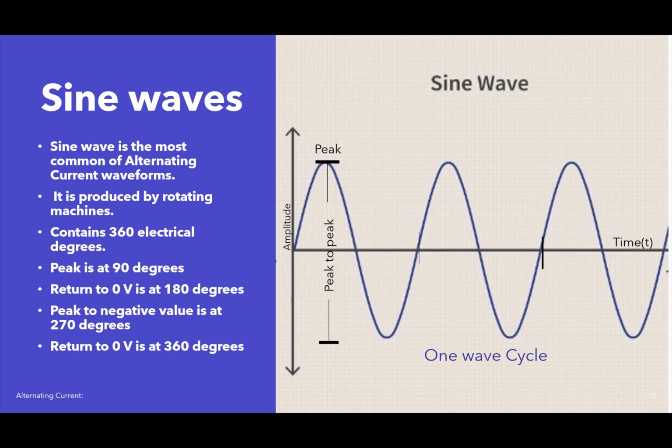Then going to the negative peak value, right there, you add 180 to 90, and it will be 270 degrees, but in a negative direction.